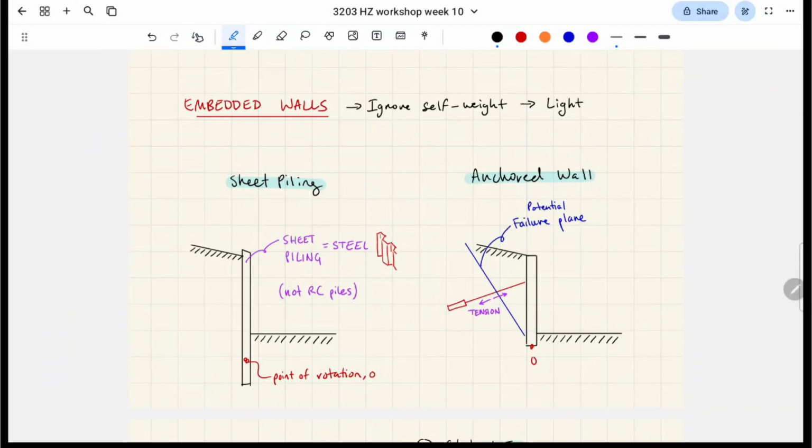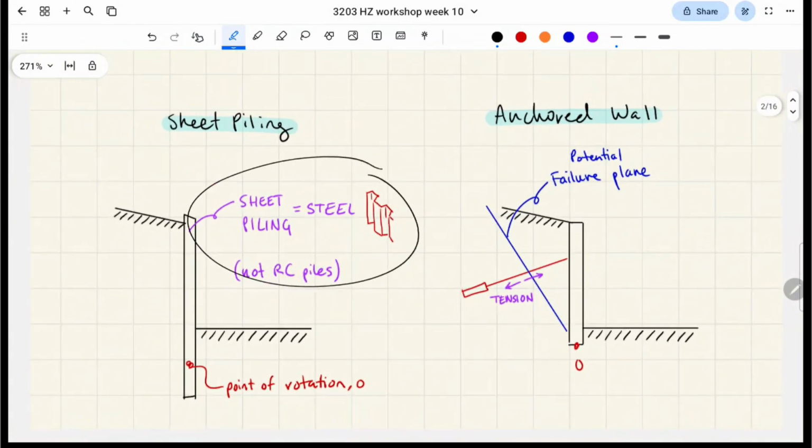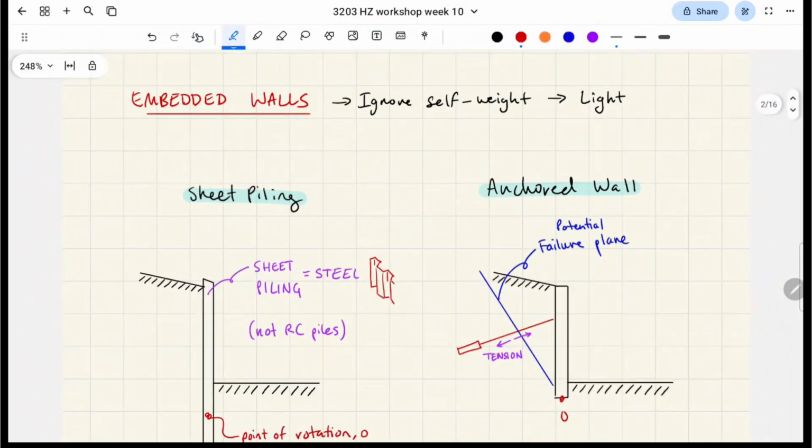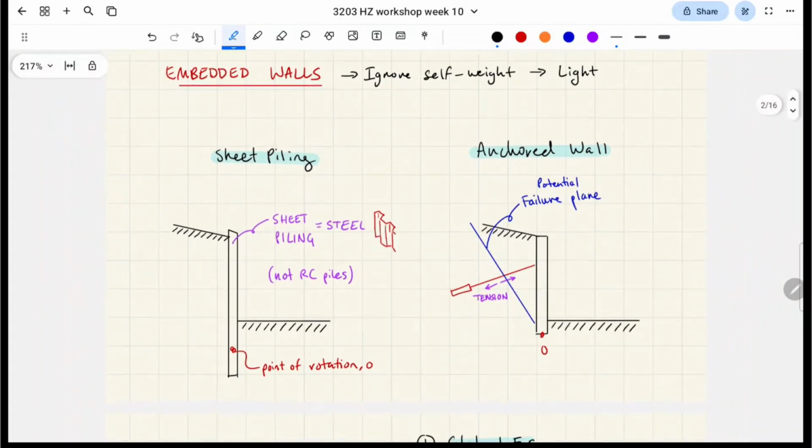One example would be sheet piling, right? Have you seen the steel roofs that look like this, this kind of shape? That would be sheet piling. And you stick that into the ground, and if you stick it deep enough, it's going to resist this lateral earth pressure.